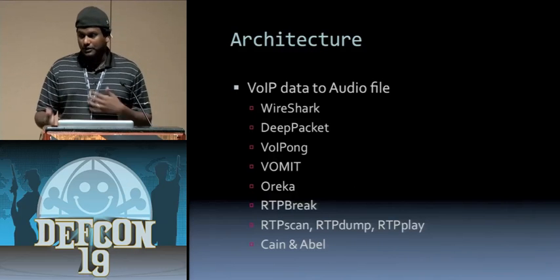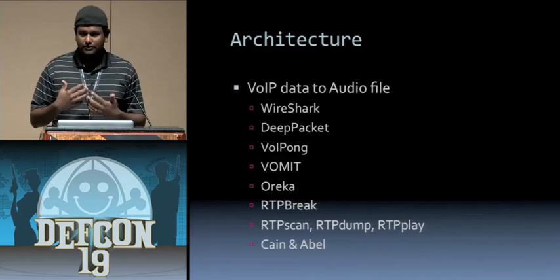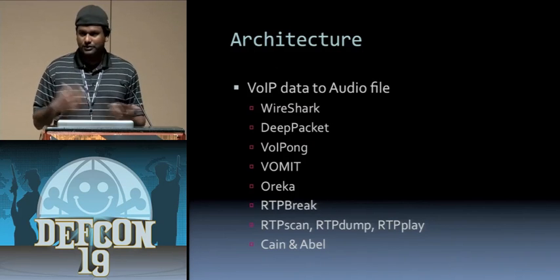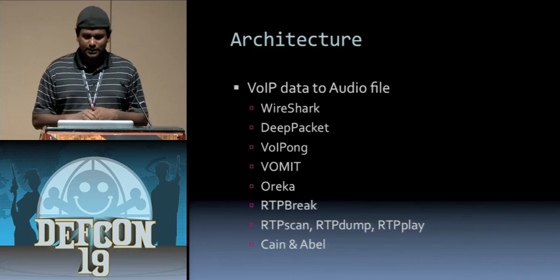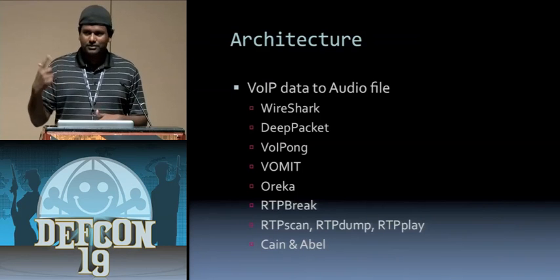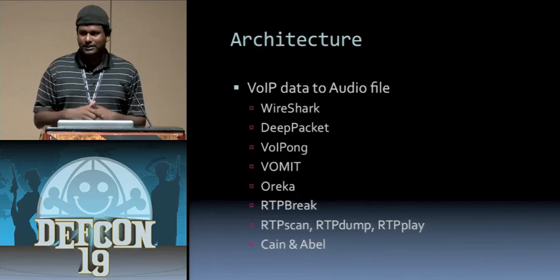Some of the other things when we started looking into it: how can we get the audio data out of the packet? We first said, oh, Wireshark has its own VoIP telephony piece in it, so let's just use that. We said, okay, detect the streams, dump it to a WAV file, and see how that goes.